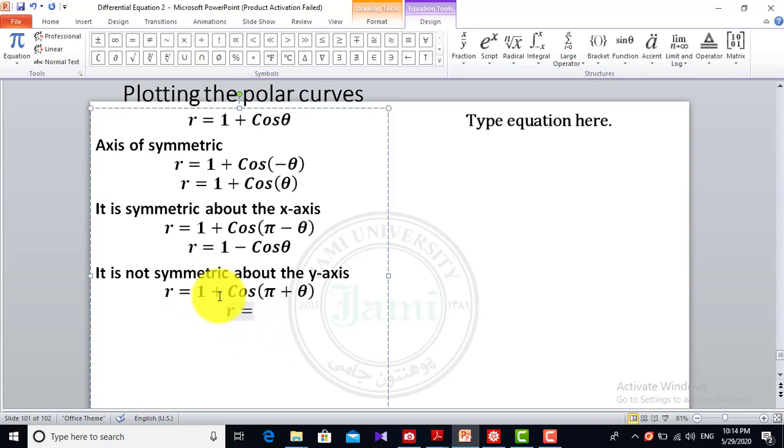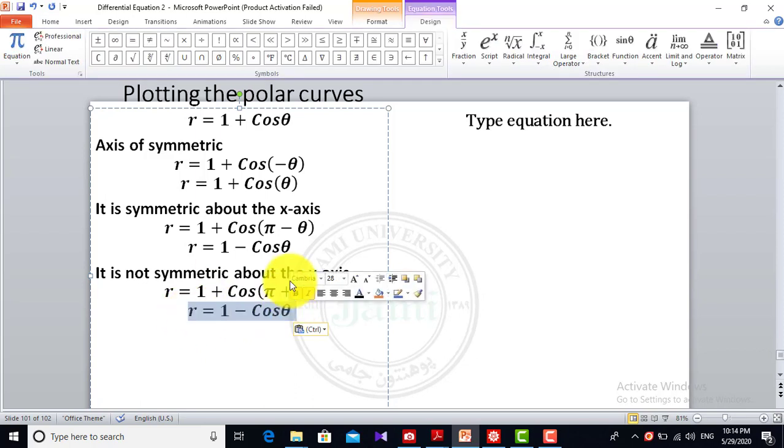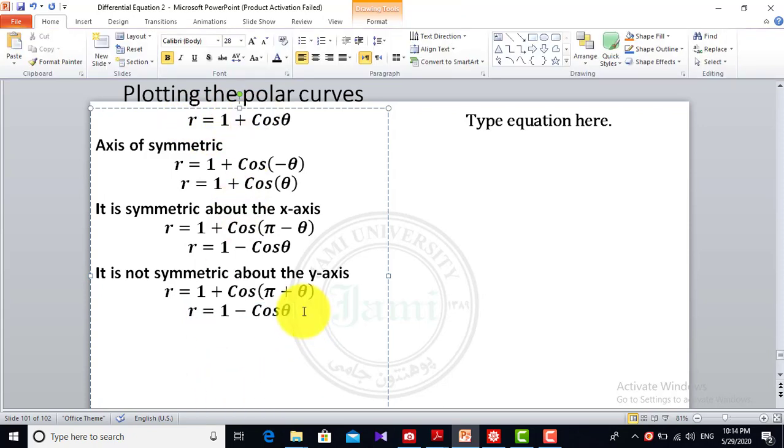So I will be getting r equals 1 minus cos theta. So it is not symmetric about the origin also, because there is a difference between the first equation and the resulting equation. So in the last step I will write it is not symmetric about the origin also.